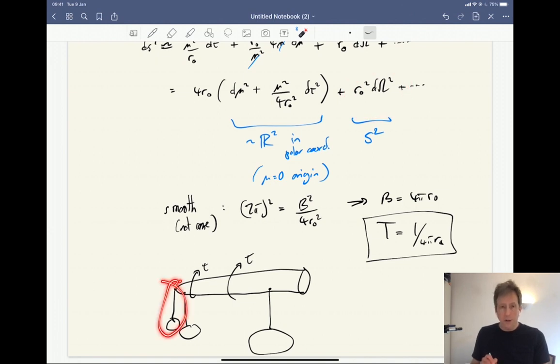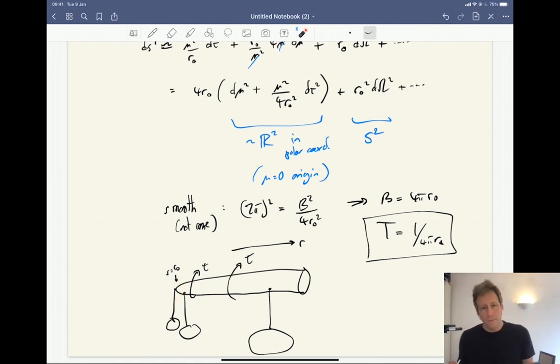Near the horizon, it's just got a constant size, but it gets bigger and bigger and bigger as you go out in R. And this is R equals R0 at the horizon. And the horizon really becomes what we call the tip of the cigar. Okay, so it's like a tip of the cigar. This is how we think about Euclidean black holes.